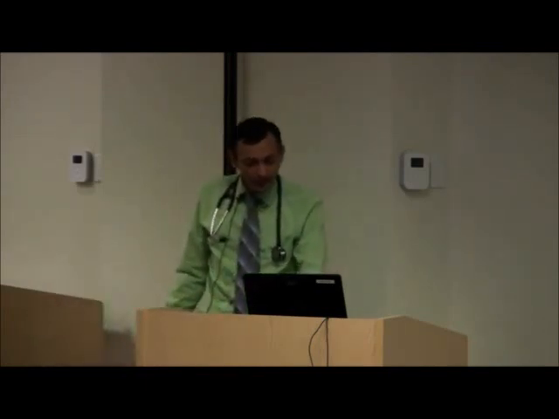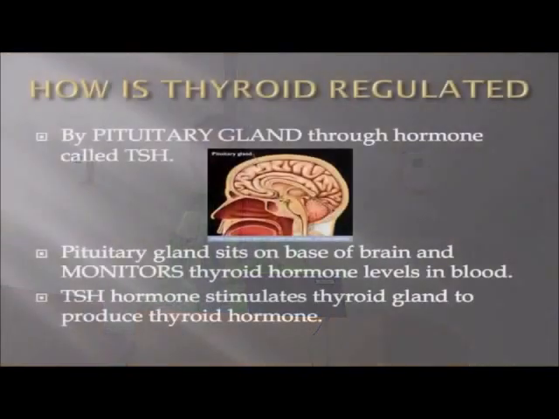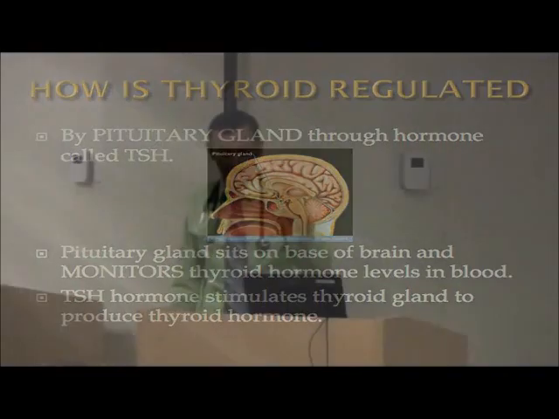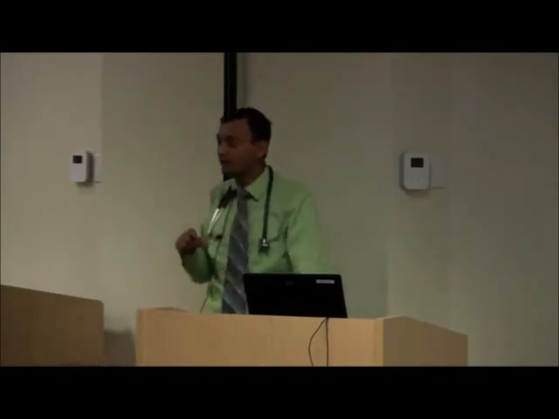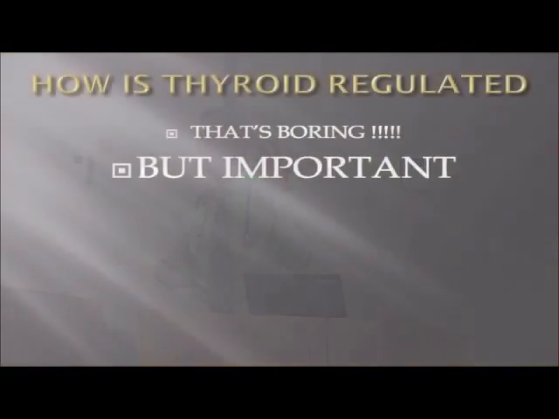It stimulates the thyroid. Easy. It stimulates the thyroid gland to produce thyroid hormone. Once again, this is boring, but it's important. TSH is a very important thing because that is how the thyroid gland is regulated. And think of it like a seesaw.